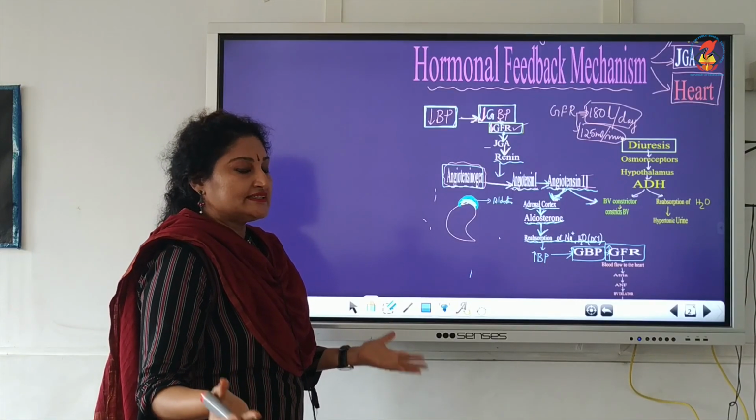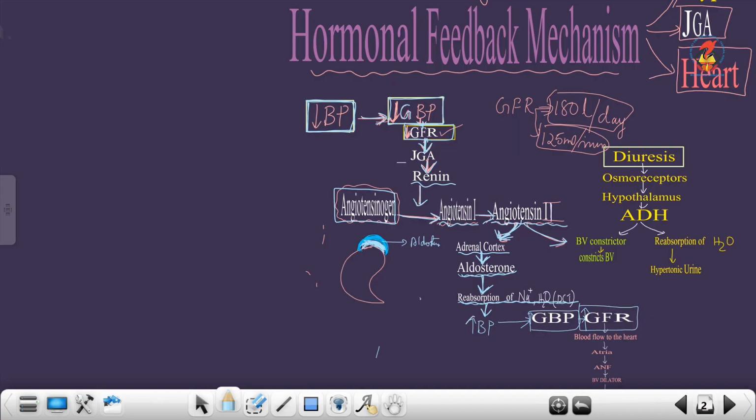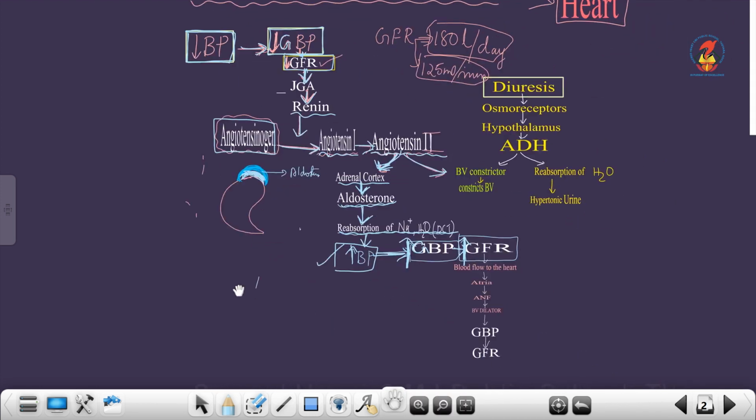Into the PTC, the peritubular capillary. As a result, the volume of the blood increased, which means the pressure of the blood has increased. So, the situation is rectified, which means the glomerular blood pressure has also increased, and therefore, the glomerular filtration rate has also increased. But this cannot go on.